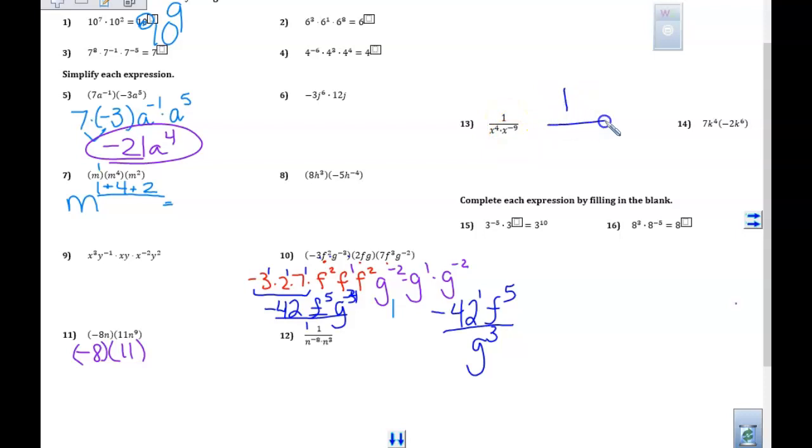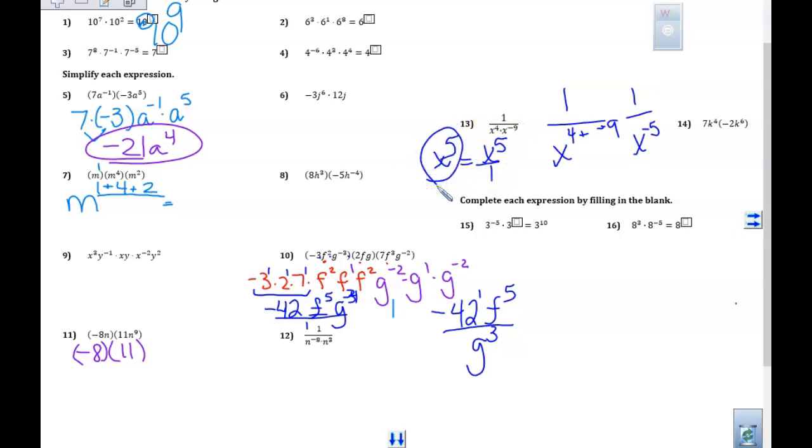So we are going to be taking x, and we are taking 4 plus negative 9. If I add 4 plus negative 9, I get x to the negative 5 in my denominator. But I can't have a negative exponent, so now I have to take the reciprocal. So what happens if it's in the denominator, we're now going to move it to the numerator, x to the fifth over 1, or just x to the fifth, okay?